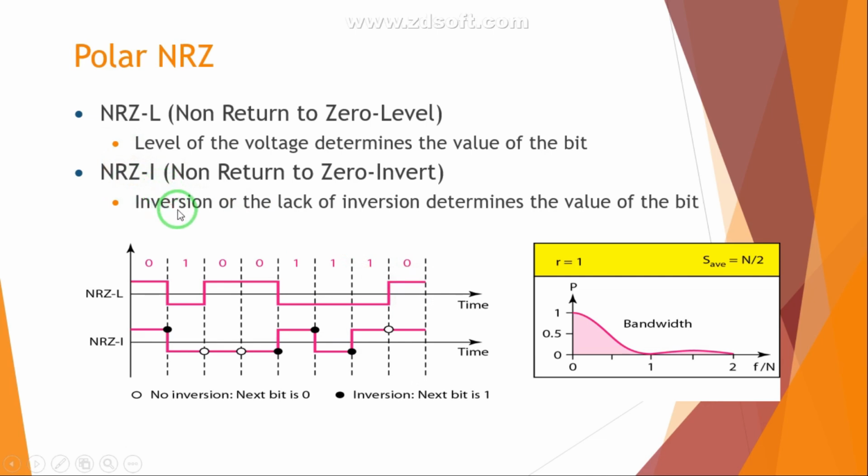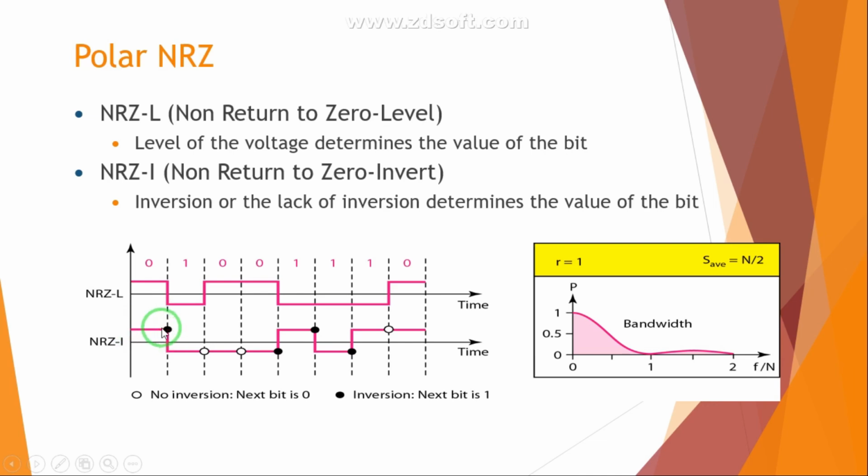Now NRZ-I. Basically inversion or the lack of inversion is going to determine the value of the bit. So if you want to see it over here, the first bit is bit 0. So if it is 0, it is represented by what?